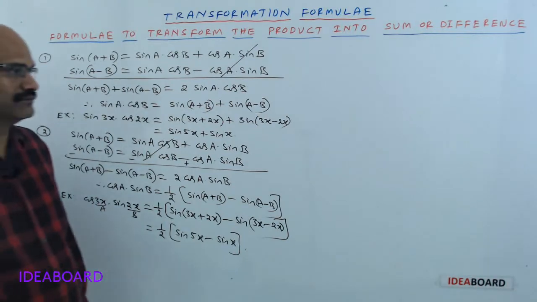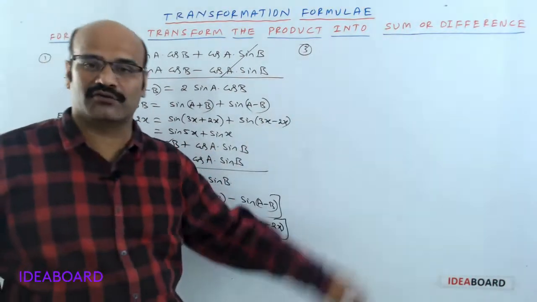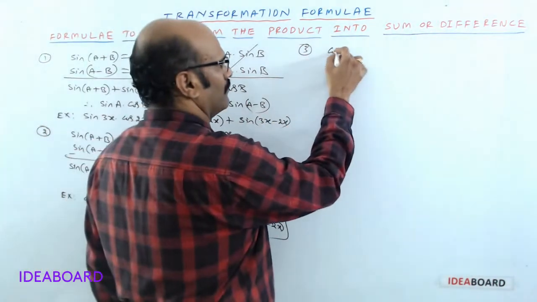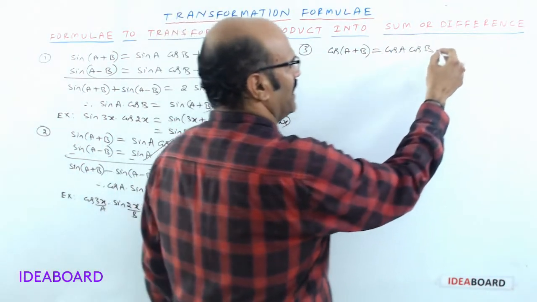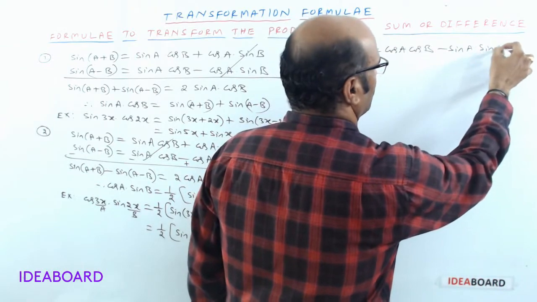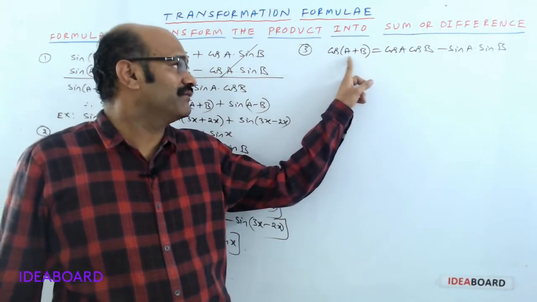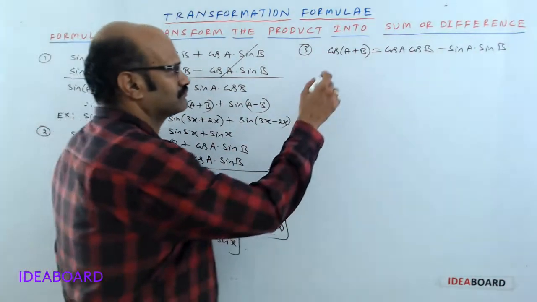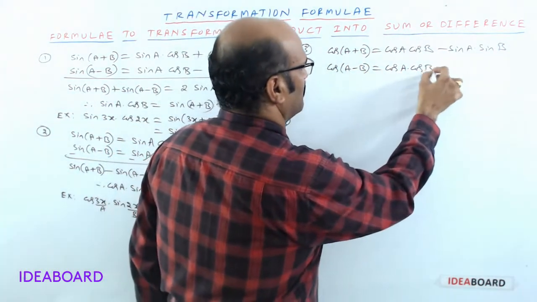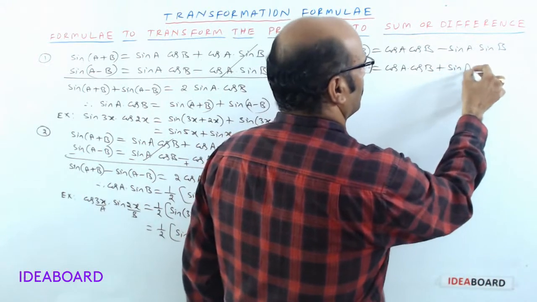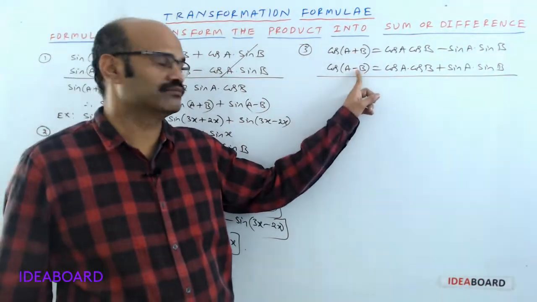Now, third one, we have cos of A plus B equal to cos A into cos B minus sin A into sin B. Similarly, we have cos of A minus B equal to cos A into cos B plus sin A into sin B. Now, take the sum of these two.